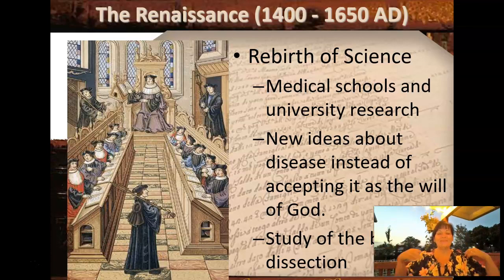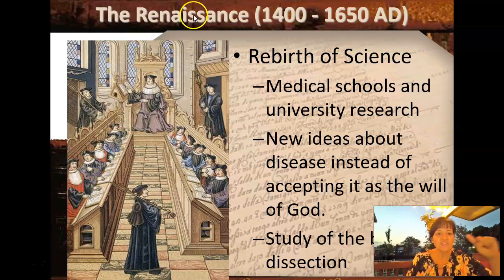After this time, we get to the Renaissance, so 1400 to 1615 AD. This is the rebirth of science. You get medical schools and universities doing all kinds of research, with new ideas about disease instead of accepting it as the will of God. So they realize that this is something physical within bodies that can be dealt with. The study of the body by dissection.